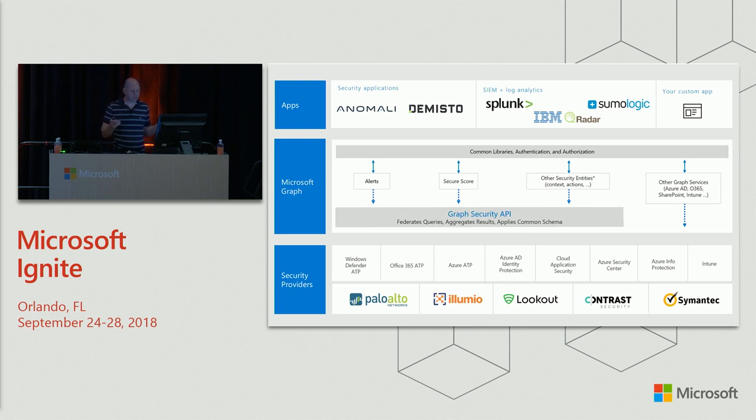Demisto has done some really cool stuff, pulling in alerts, parsing them, and making automation tasks available through other sets of APIs. And then, of course, our SIEM partners, Splunk, QRadar, Sumo Logic, all of these are already integrating with the API to allow you to pull in the data into the SIEM systems that you use.